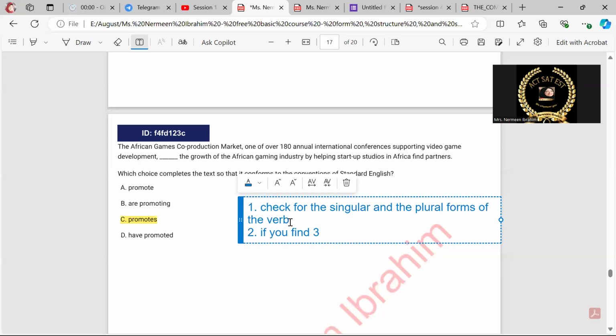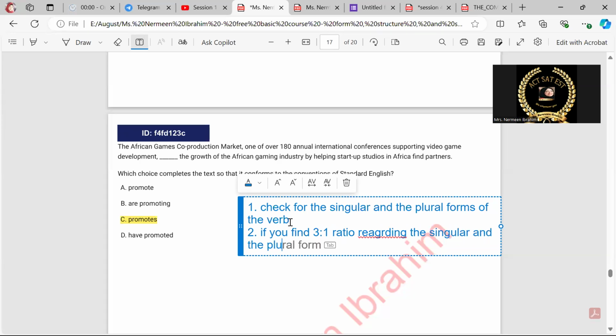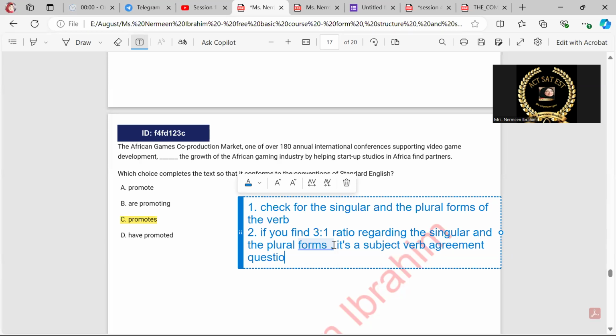the 3-to-1 ratio regarding the singular and the plural forms, it is a subject-verb agreement question, and immediately you should pick the different option.